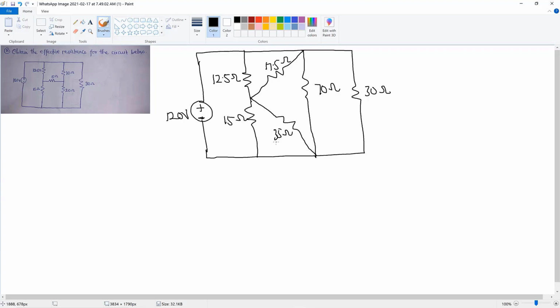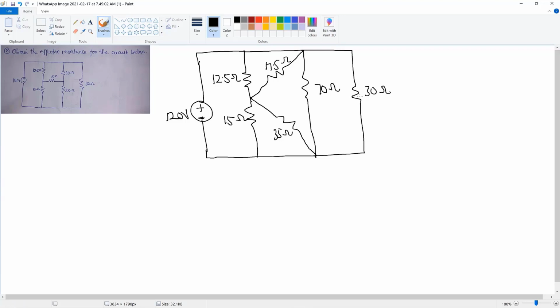So now we can see that we can go through any two resistances without meeting a third element. For this portion of the circuit, there are only two resistances, 12.5 ohms and then 17.5 ohms. The same thing applies to this side as well. We can see 15 ohms and then 35 ohms. And then this loop also gives us 70 and then 30.